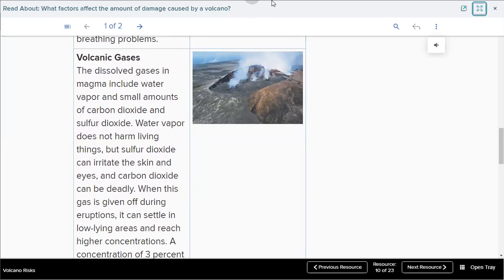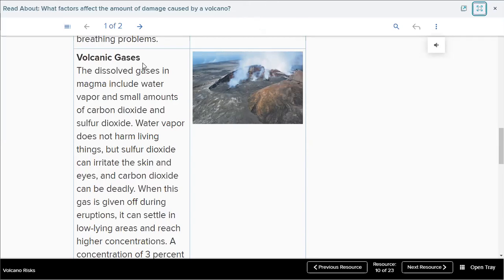The most important of these gases is sulfur dioxide, and sulfur dioxide can also be produced from burning fuel, as burning benzene in cars produces sulfur dioxide with carbon dioxide from the car engine. This can cause problems in breathing.